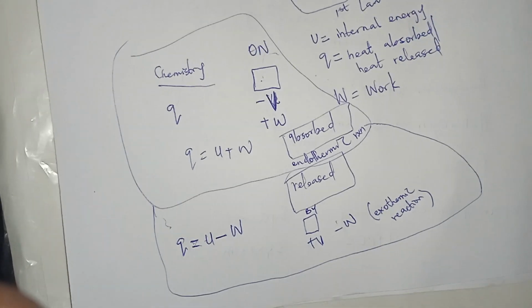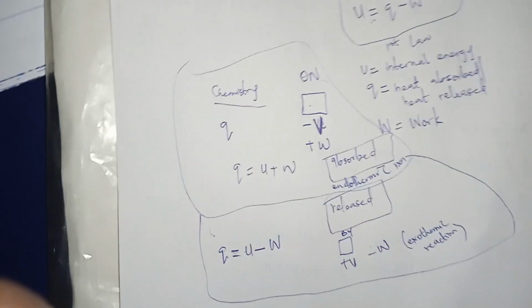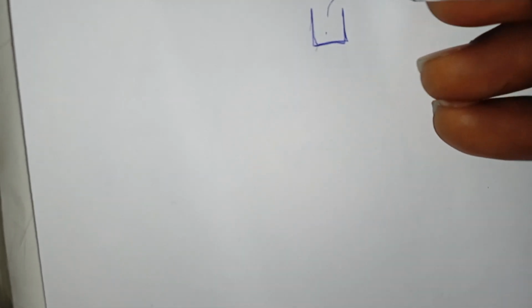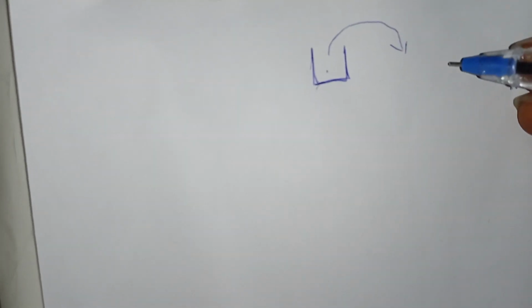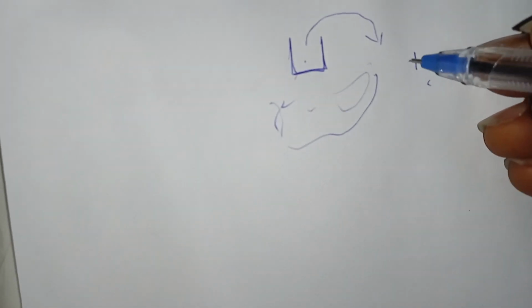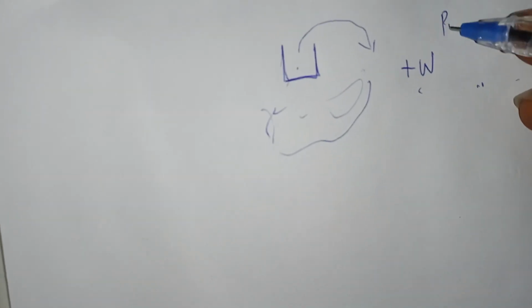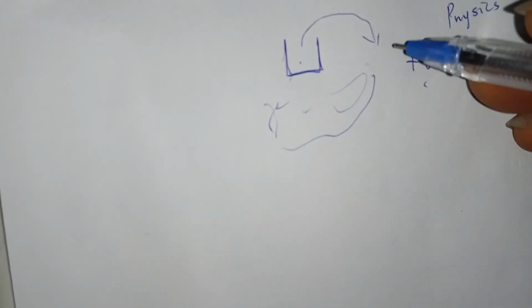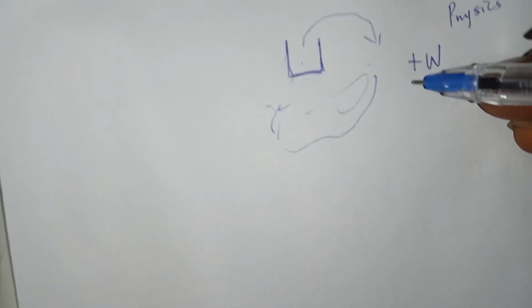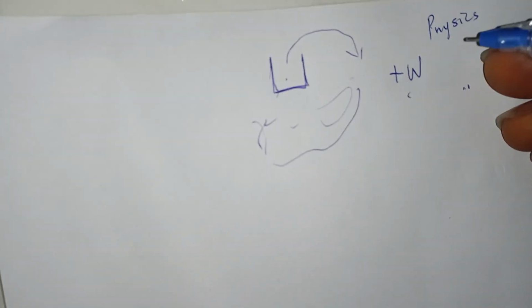But when it is physics, physics judges by how it is affecting the environment. Physics likes it when it's favoring the environment. So the physicist will judge it by whether work is done by the system. As it's releasing energy, it's coming to the surrounding, so the surrounding will gain energy, and when you gain energy, it's plus W. So for the physicist, when heat is released by the system, it is good for the surrounding.